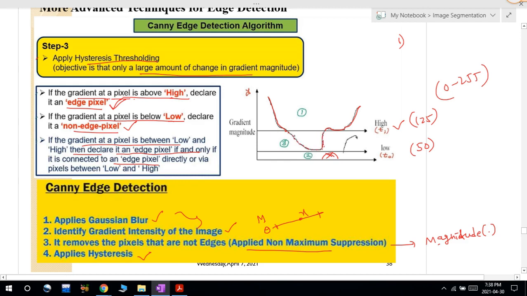If these particular points are connected to an edge, that is, one greater than the high value, then I can consider them also as edge. These points are also connected to this edge, so I can consider them as edge. But if I consider this edge, it is not at all connected to the strong points greater than the high value, so I can directly discard this. This is not an edge. That is the technique that we apply in hysteresis thresholding.